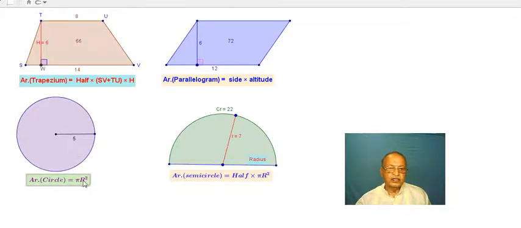So r square is 25, into pi, which we will multiply by 3.14. 25 into 3.14 is 78.5.